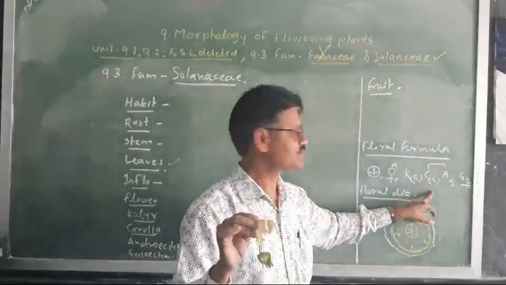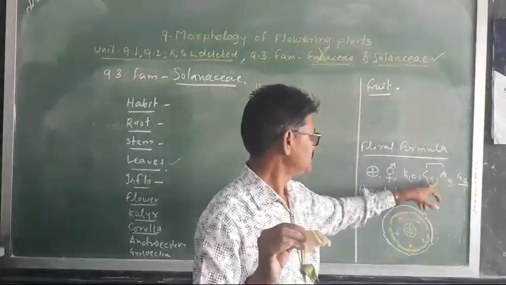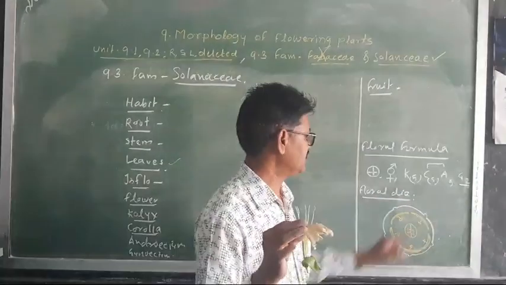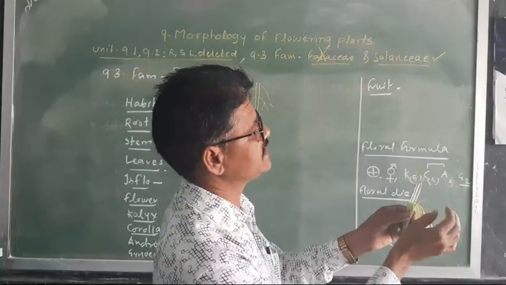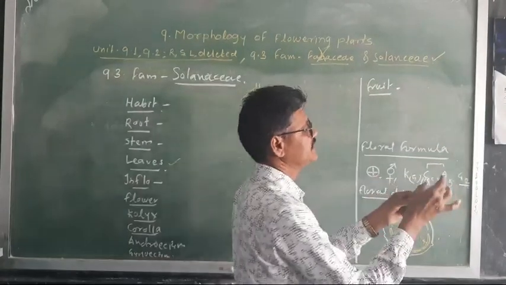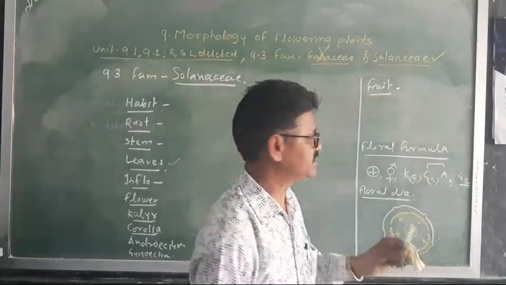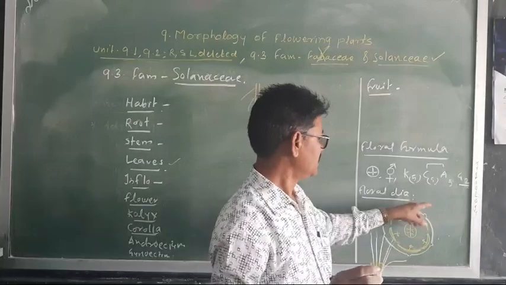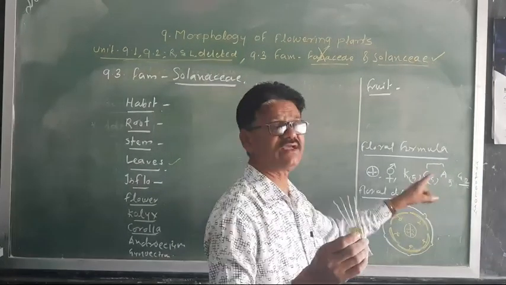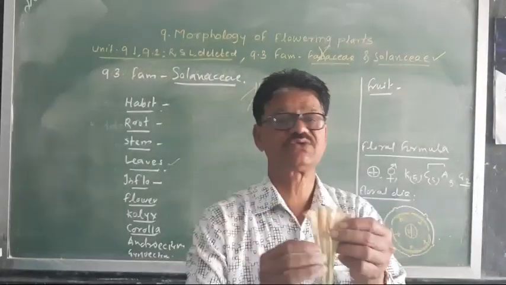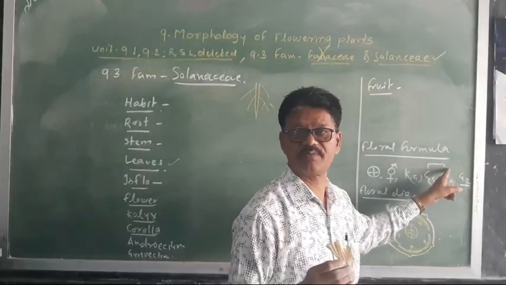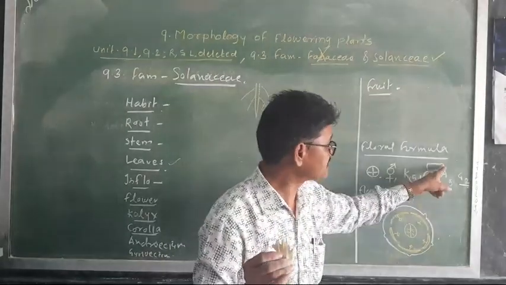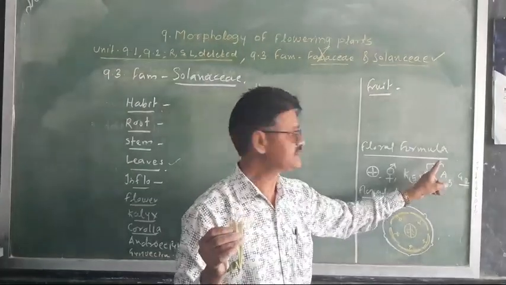They are united, so that condition is called gamopetalous. How many stamens are there? Stamens are 5. They are free from each other, so no need to put them in the bracket. But stamens are attached to the corolla, that is the petals. So you can use such a structure for this in your textbook. It is not given, but epipetalous condition must be shown in this manner.